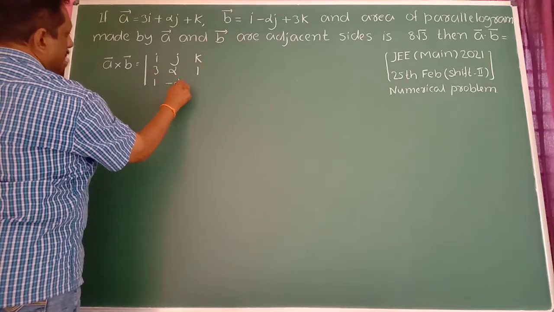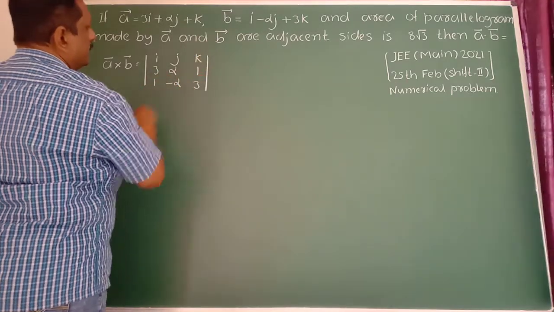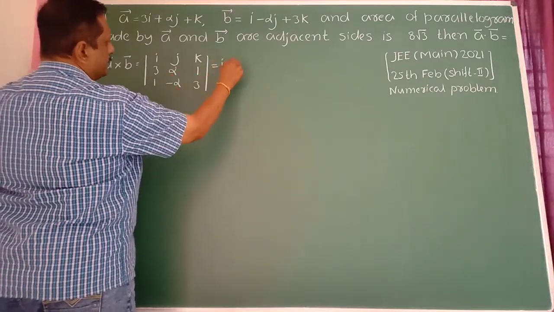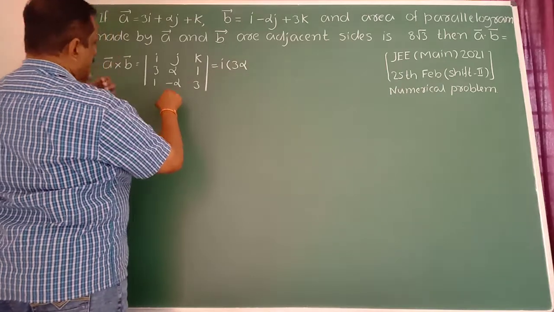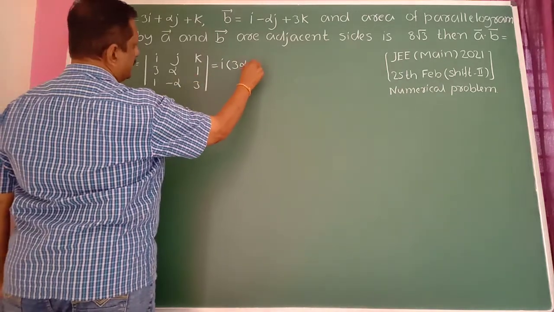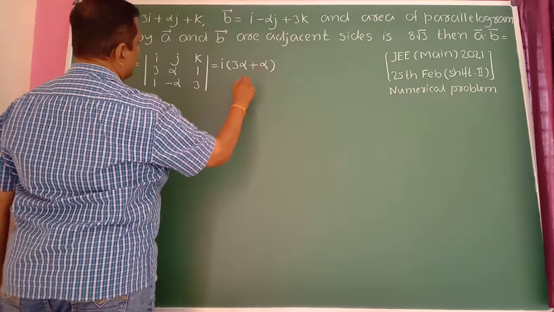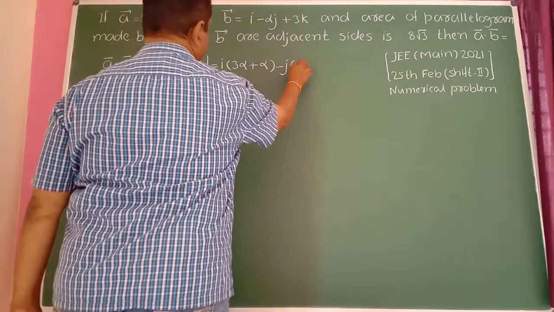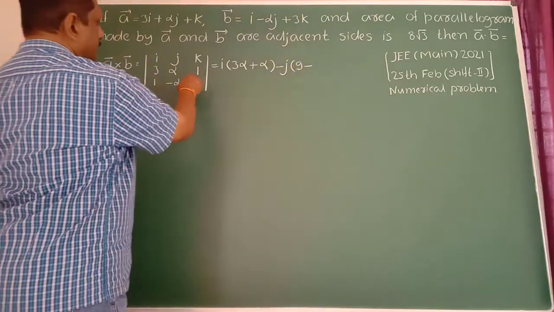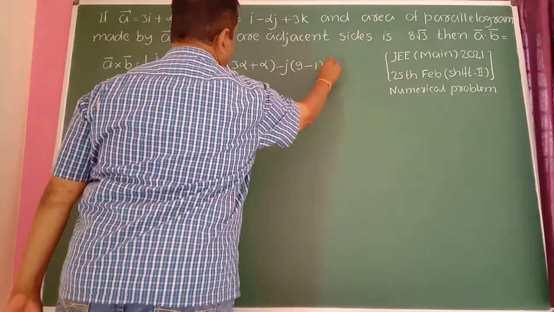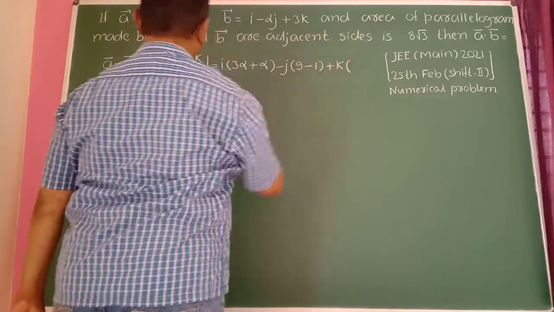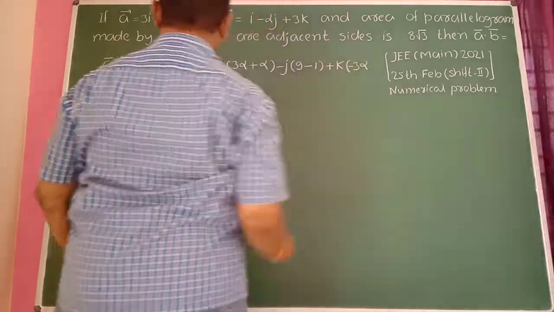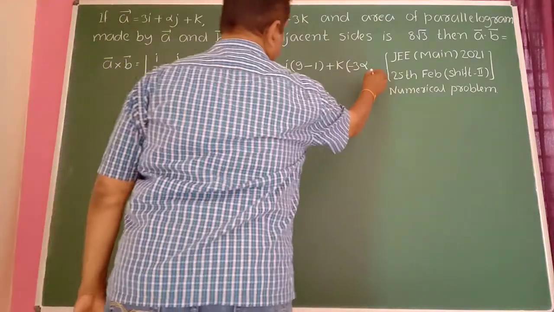Then expand it here: i into 3 into alpha becomes 3 alpha, minus alpha into 1 becomes minus alpha, minus minus plus alpha; minus j into 3 into 3, these are 9, minus 1 ones are 1 here; plus k into 3 into minus alpha, minus 3 alpha, and alpha ones are alpha, so minus alpha here.